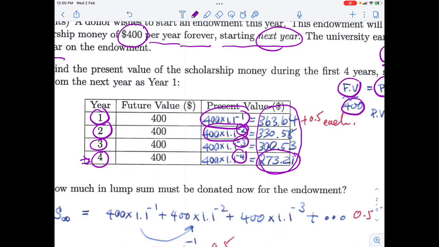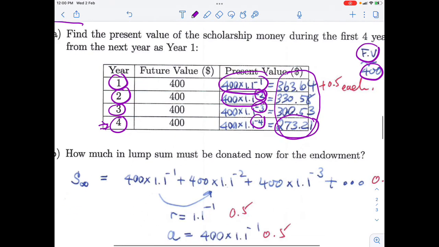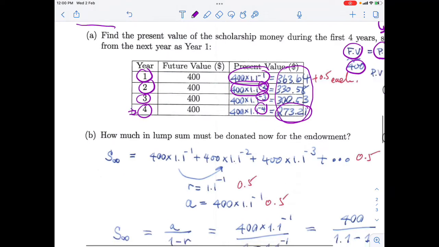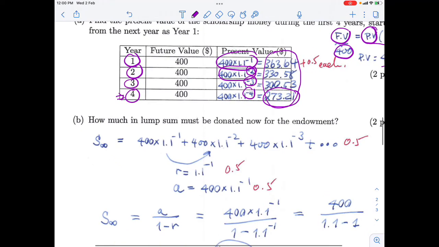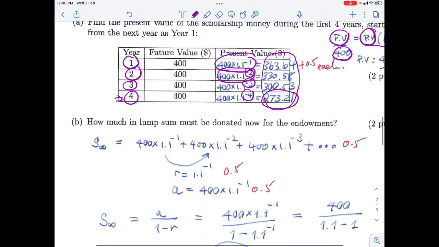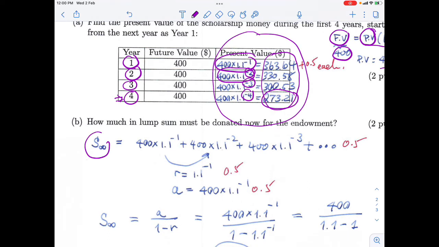And you see that the longer the period, the value of that $400 is going to be much less. Now it says, okay, how much is the lump sum that must be donated now for the endowment? Okay, so we want to find the sum of everything in the third column here, but it's gonna go on forever. So first term is this, second term, third term, and this keeps going indefinitely, right?